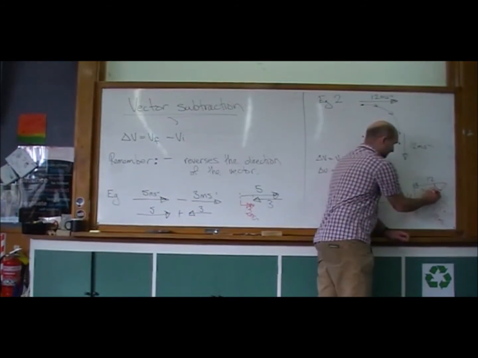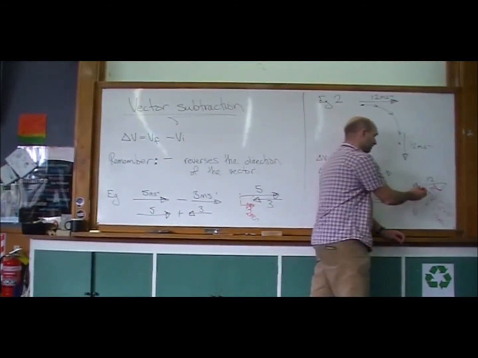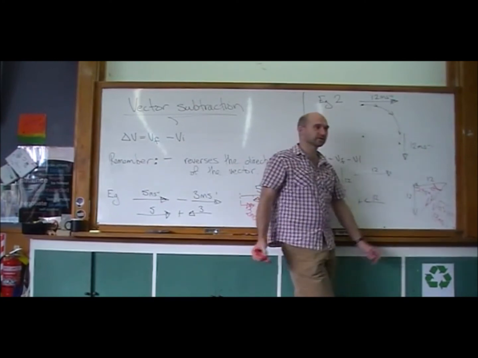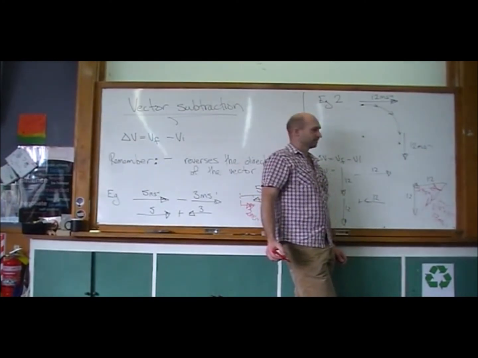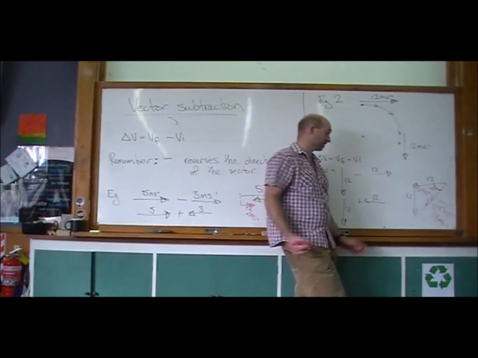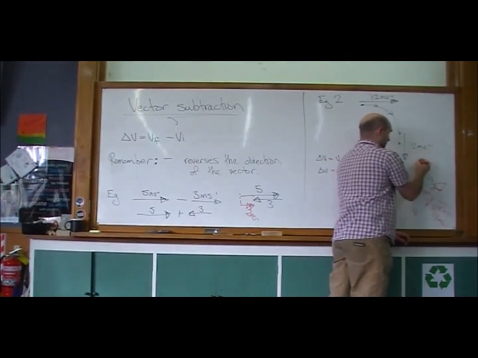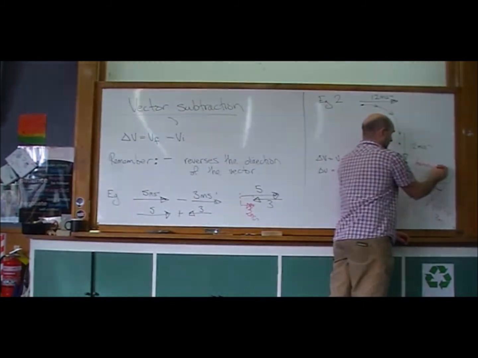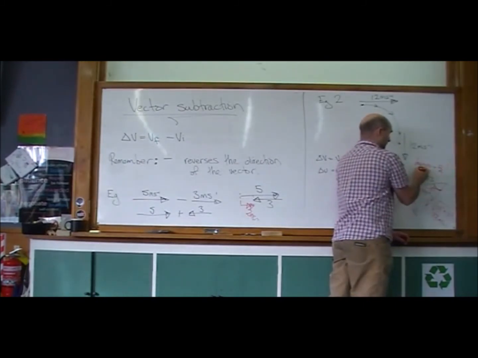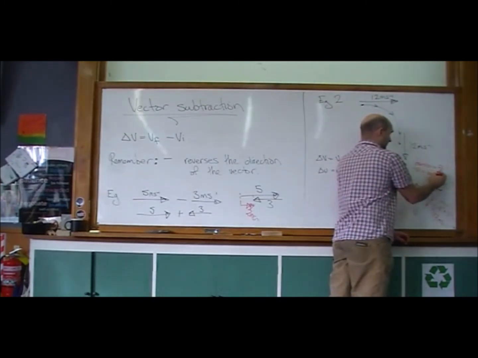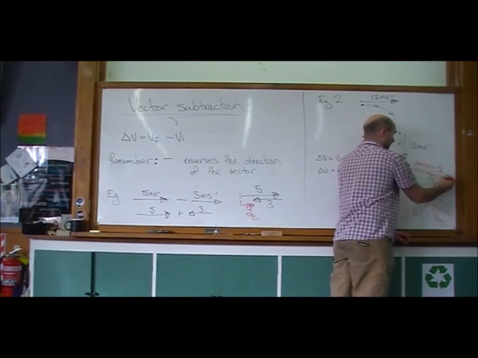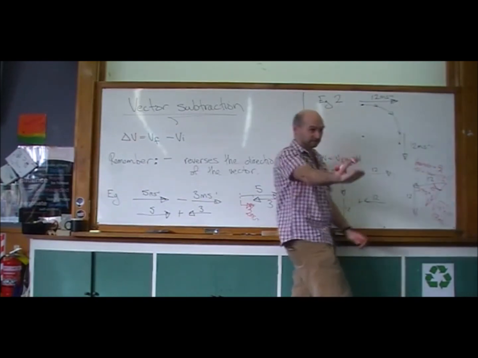If we were going to use a trig function, we would use tan: tan theta is O over A, and theta is antitan of 12 over 12, which is 45 degrees.